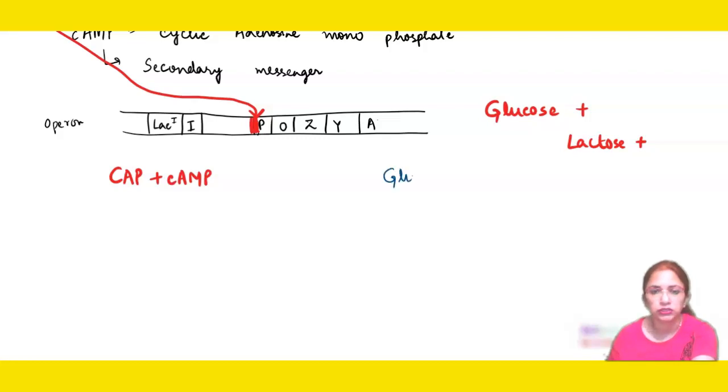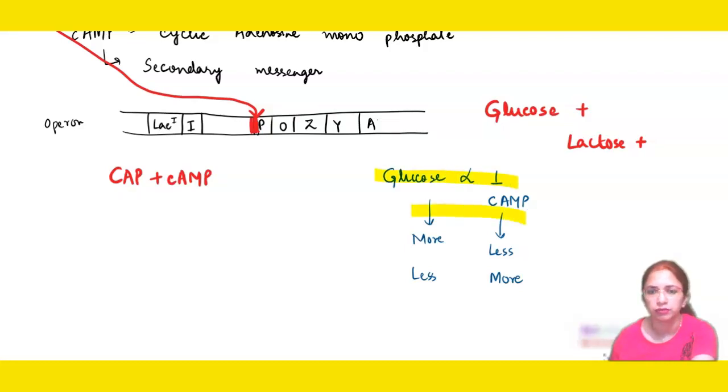The glucose concentration in a cell defines the cyclic AMP concentration, and it is inversely proportional to cyclic AMP. It means if glucose is more, then cyclic AMP will automatically be less. However, if glucose is less, then cyclic AMP will be more. This is the main point you need to remember for the regulation of genes in prokaryotes.